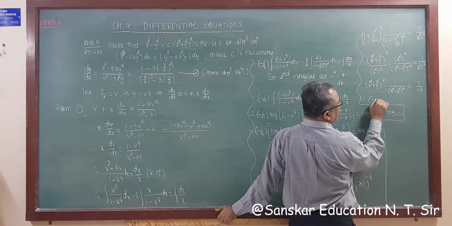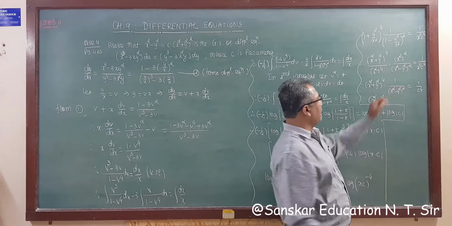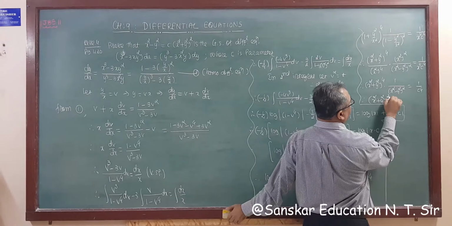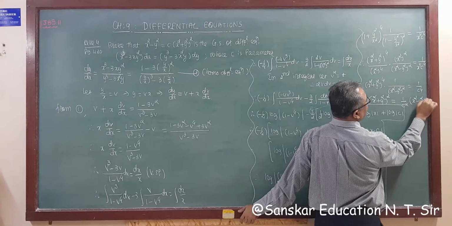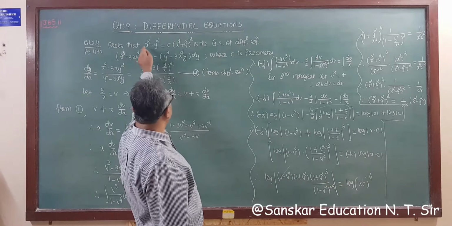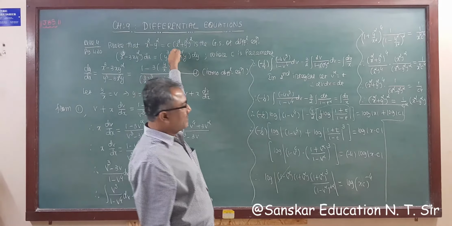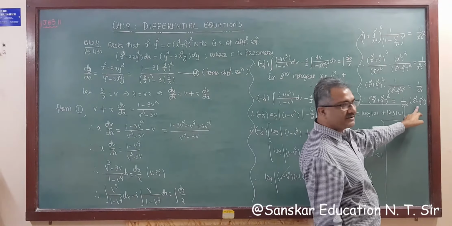So we get, if we take square root, then this is power 2 is equal to 1 upon c square into x square minus y square. It is given x square minus y square, we have to make it the subject.